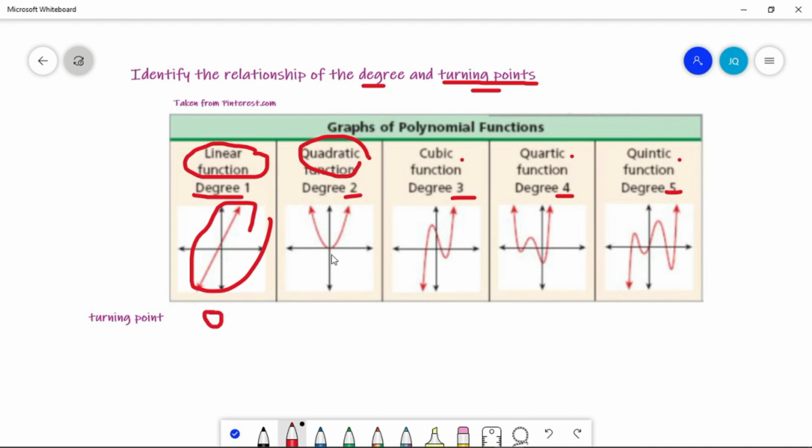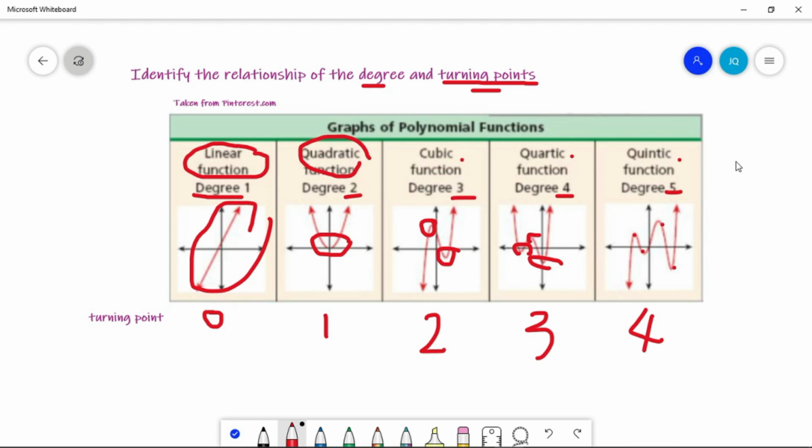If the degree is 2, yes, definitely there is. That's 1. If the degree is 3, 1, 2, there's 2. If the degree is 4, how many turning points? Okay, there are 3. If the degree is 5, how many turning points? 1, 2, 3, 4. So there are 4.